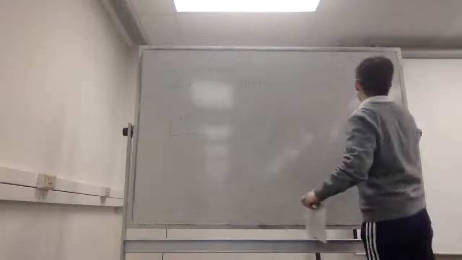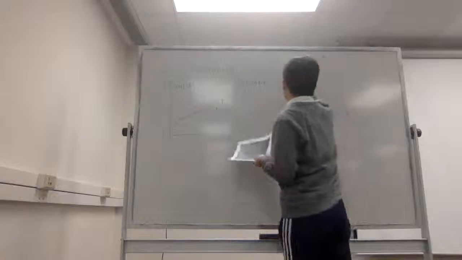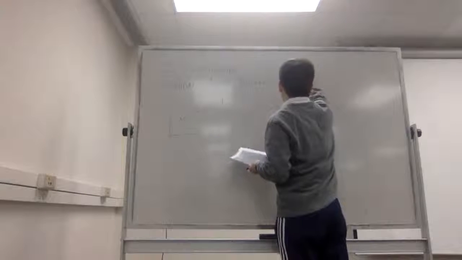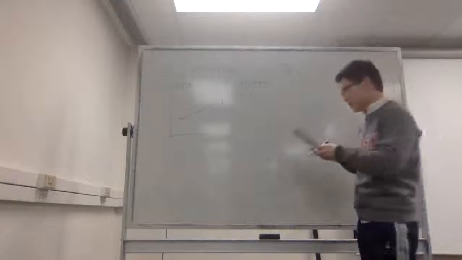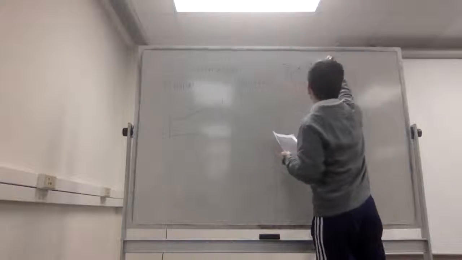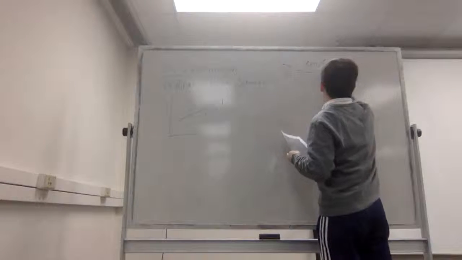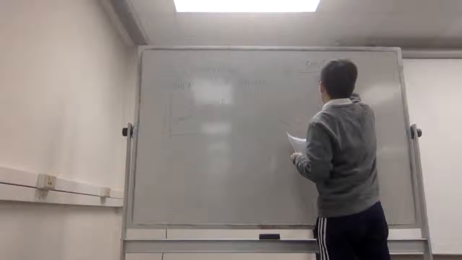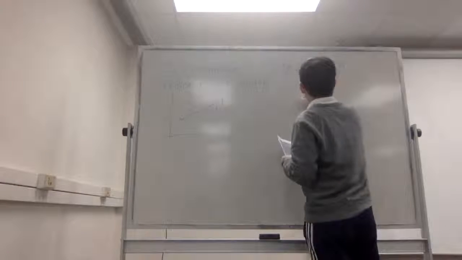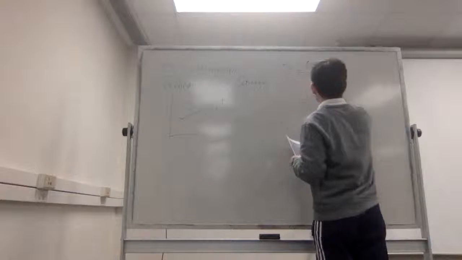According to OLS estimation, beta 1 hat, or the slope, is the covariance of x and y divided by the variance of x.